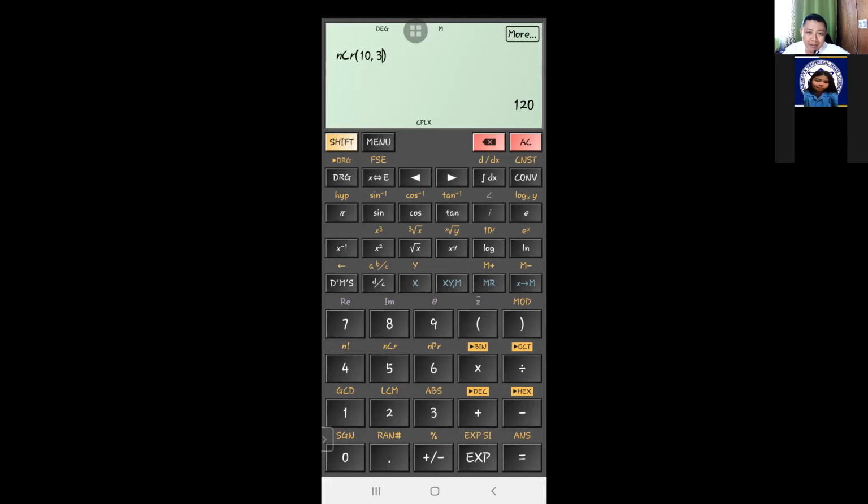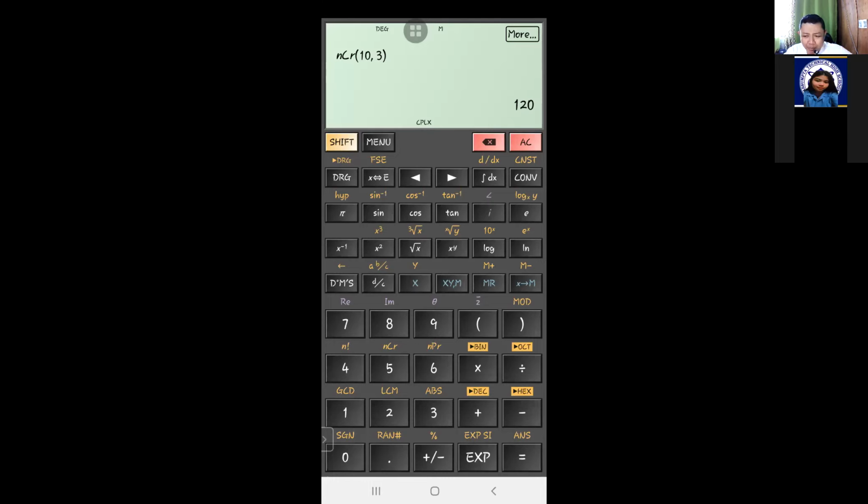This is applicable in your online, in your calculator apps. Some of you are using calculator apps just like me. Here, this is calculator app in my phone. You can also have your natural display calculators and your normal calculators. Just find NCR. That's your combination. What about this NPR?